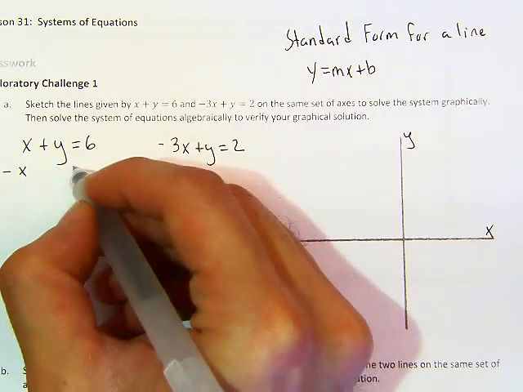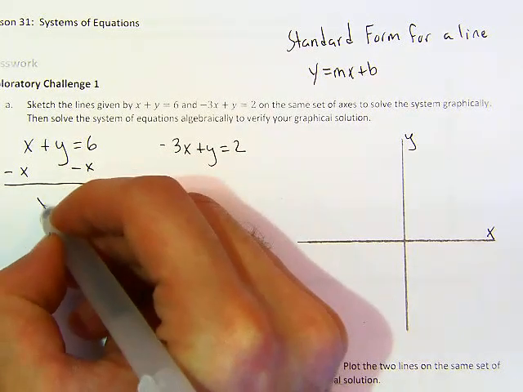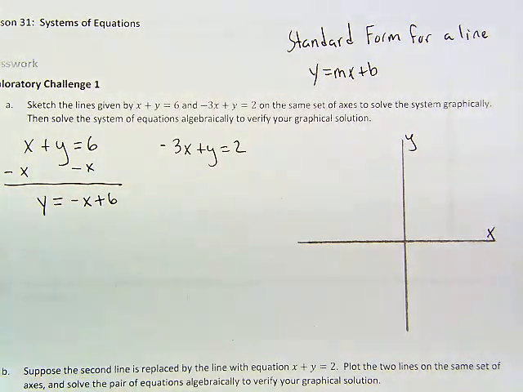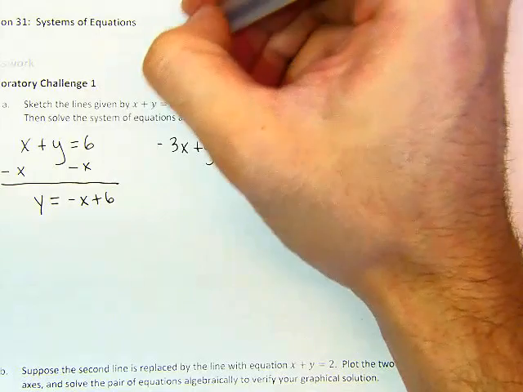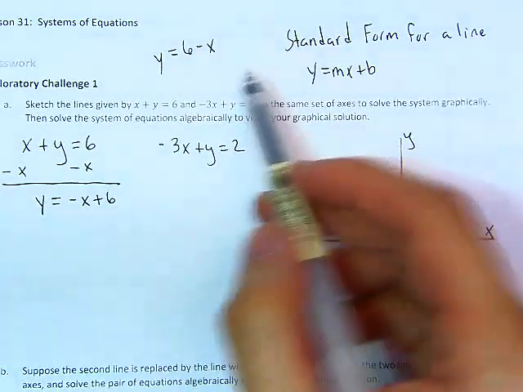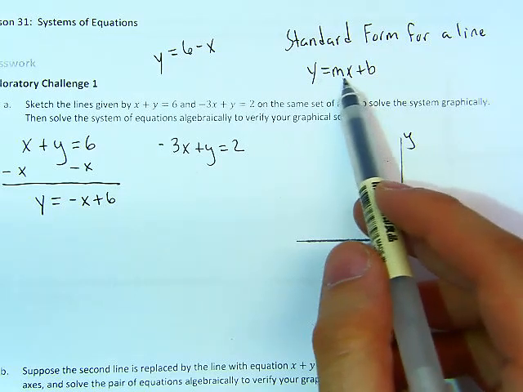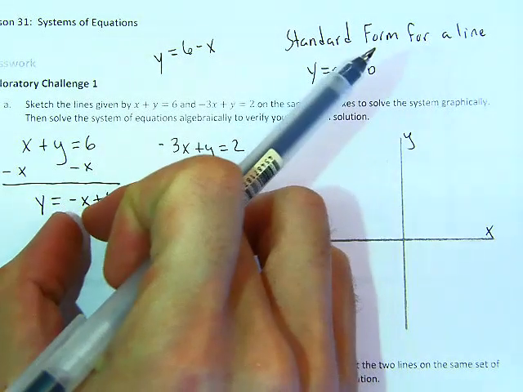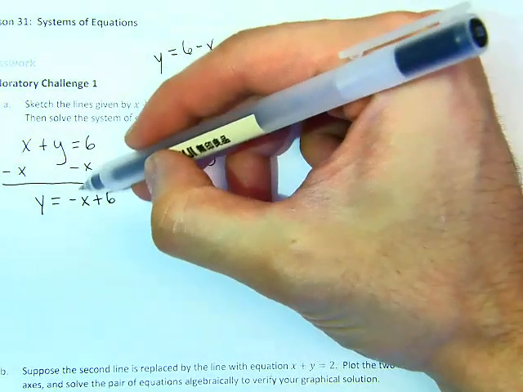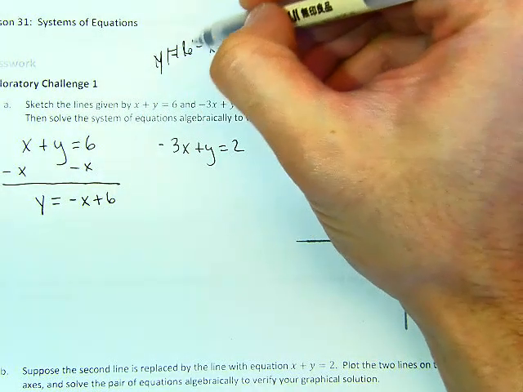You just do minus x. Now here, y is equal to negative x plus 6, okay? And I could say that y is equal to 6 minus x. That's also true. But remember, you want it in mx plus b format. You want this x to be on the left side, okay? So even though these two are equivalent, having it in this format is what we want, okay?